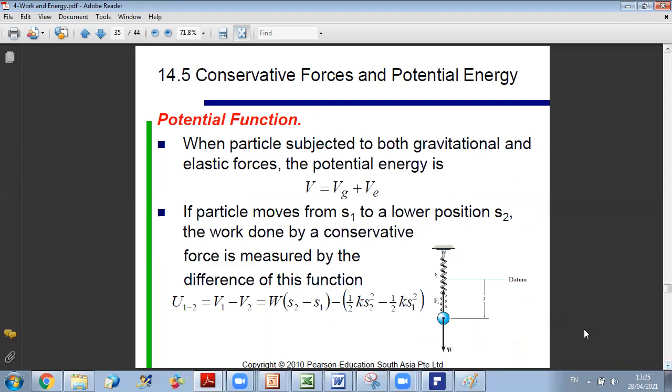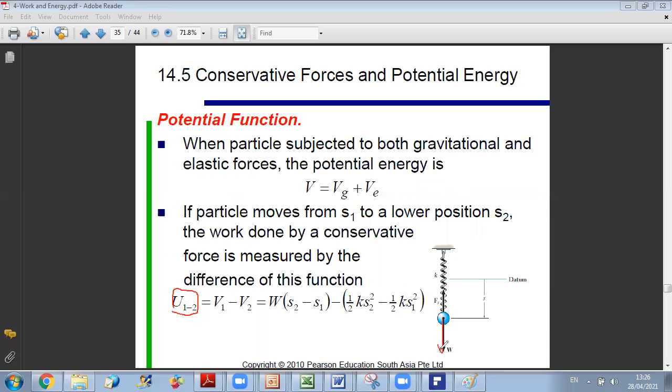Now, let us see a small example on this. Here, for example, I take a ball attached to a spring. I will demonstrate again that the work can be written as V1 minus V2. Why can I do this here? Because what are the forces acting on my ball?